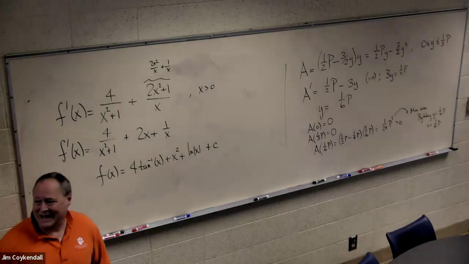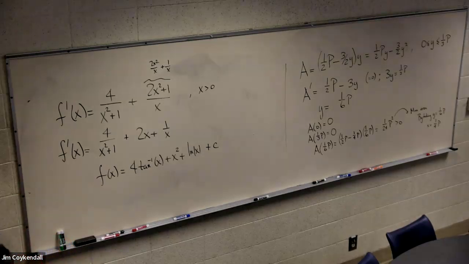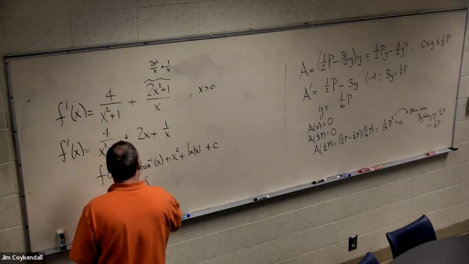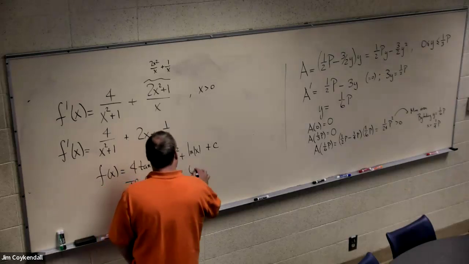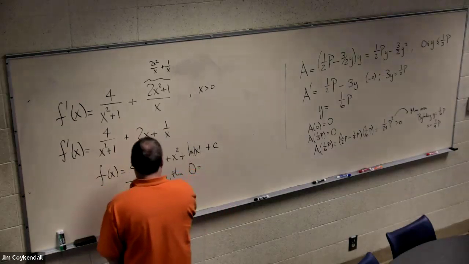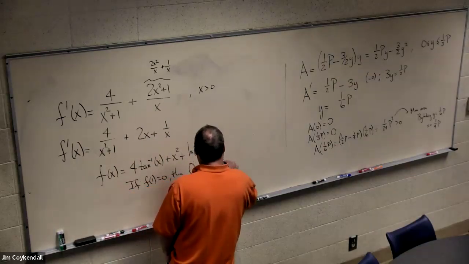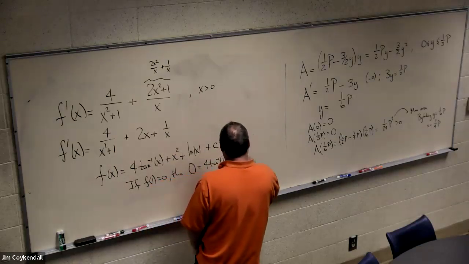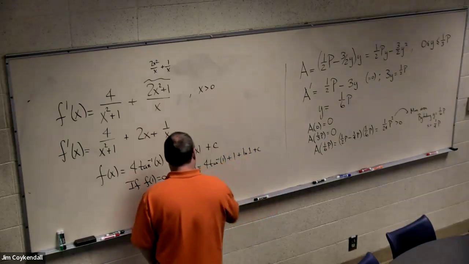And in part B, it says, now suppose f of 1 is 0. So 4 inverse tangent 1 plus 1 plus log 1 plus c.